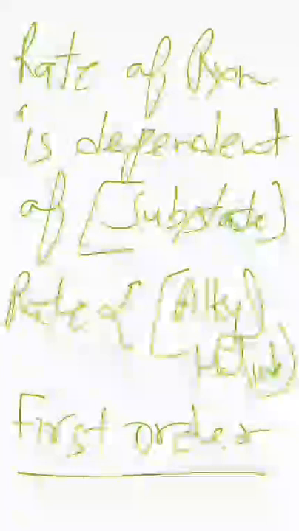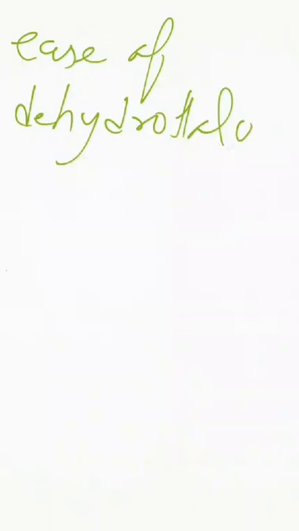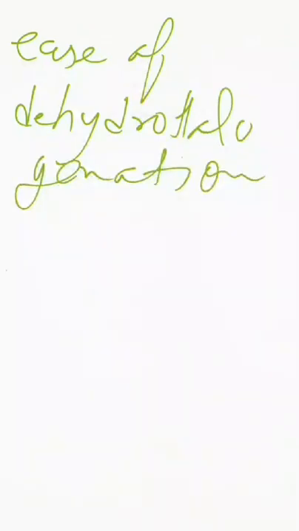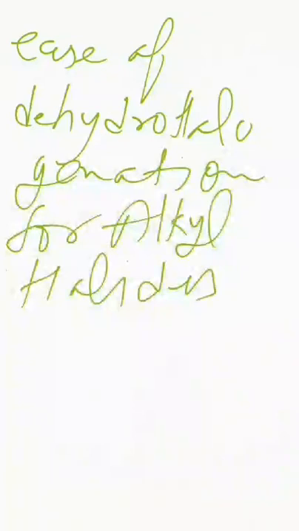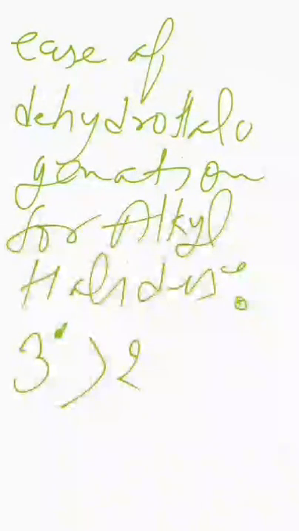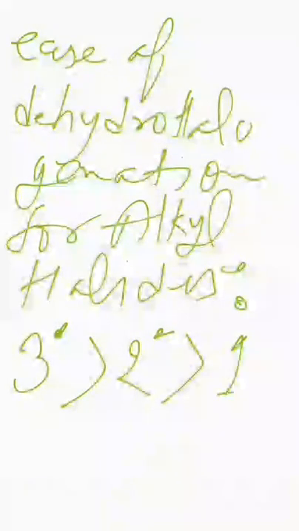If I talk about the ease of dehydrohalogenation of alkyl halides in E1 reaction, the order is: the tertiary alkyl halide favors the E1 reaction, then we have secondary alkyl halide, and then we have primary alkyl halide.